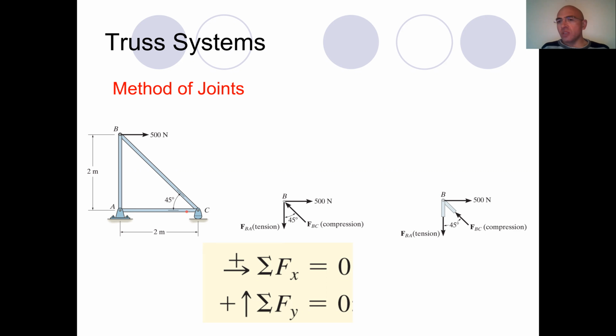For example, you want to design a roof for a sports center. You see that there are steel bars with circular or rectangular cross section, or chassis of a car or a bus. Again, you see that there are frames. They are welded together.